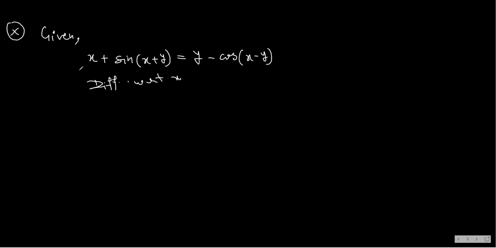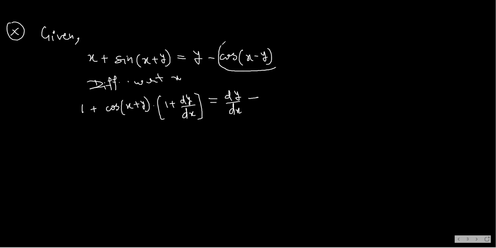So here I have d by dx of this thing equal to d by dx of this thing. So here d by dx of x is 1, plus d by dx of sine of x plus y, which is cos of x plus y into derivative of x plus y, which is 1 plus dy by dx. Equals d by dx of y, that is dy by dx, minus d by dx of cos of x minus y.